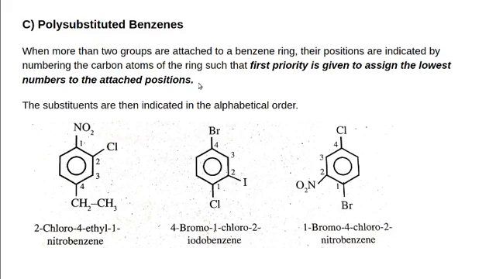That means the substituents are then indicated in alphabetical order. So when we name a compound with more than two substituents, first priority is giving the lowest numbers to the attached positions.